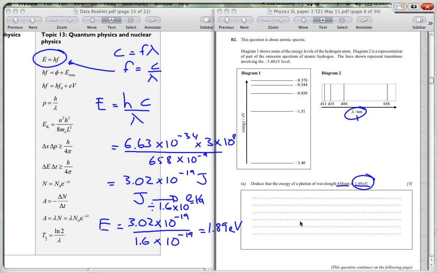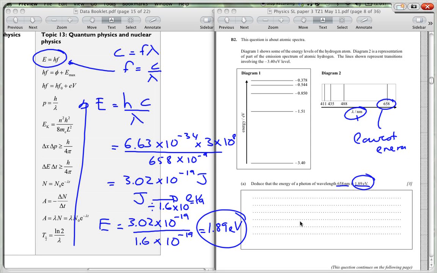Now, another way that we could have calculated this without having to do much in the way of calculation, although it is important that you can do this, is that because this is the longest wavelength, it must be the lowest energy. And therefore it's the lowest frequency, because c is equal to frequency times wavelength.